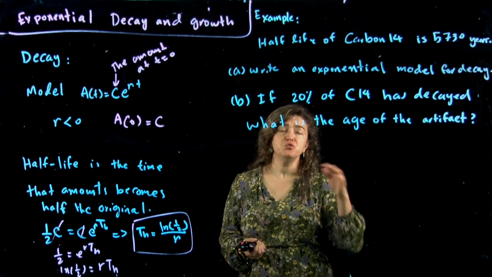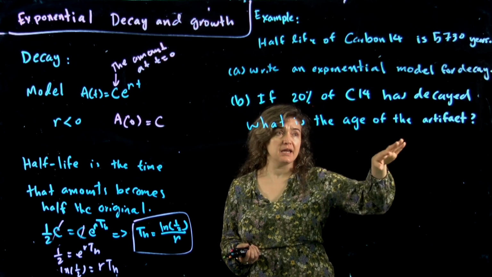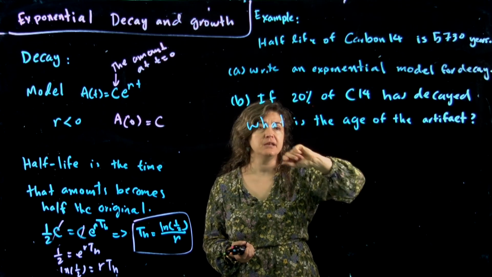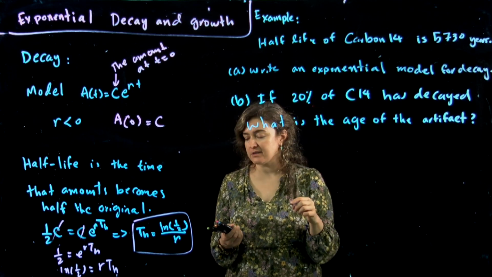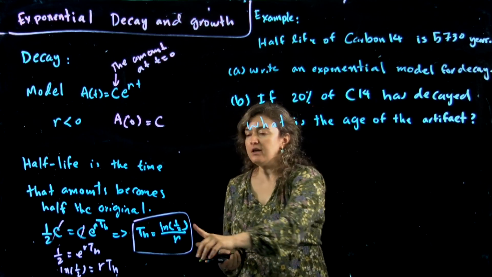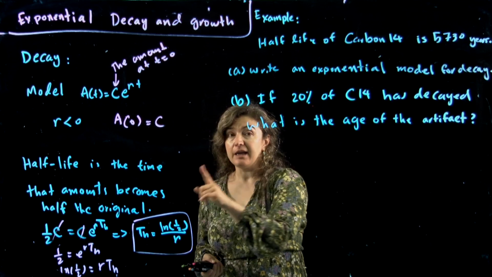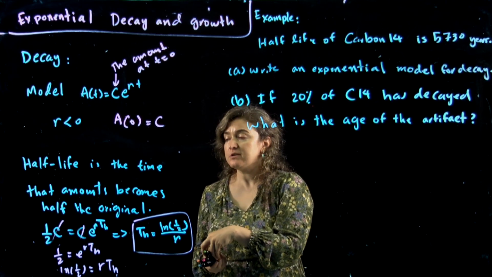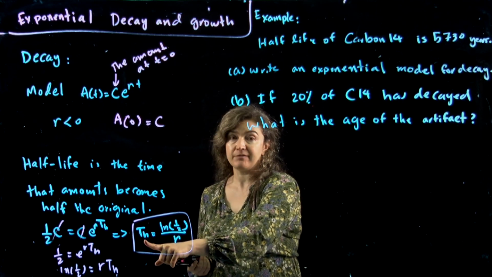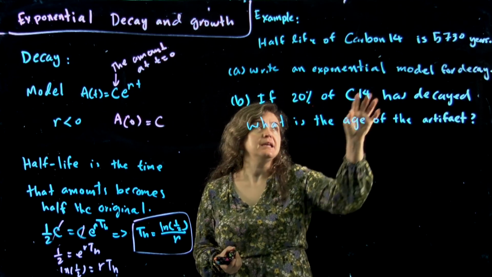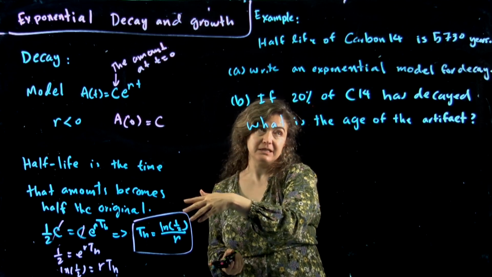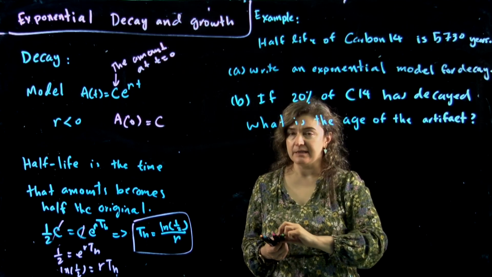Then find, if 20% of the carbon 14 has already decayed, what is the age of the artifact? Over here, I gave you a formula. If you know the rate of the decay, you can figure out what the half-life is. In here, the half-life is given, and you want to find the rate of the decay. How do we go about this?